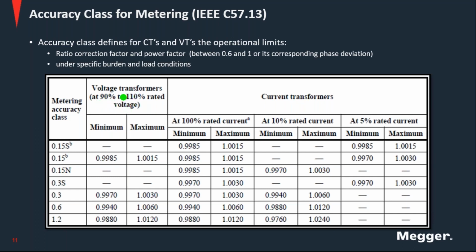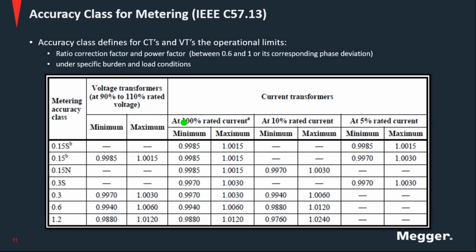These voltage transformers will perform within these limits if the voltage is between 90% and 110% of the rated voltage. We're talking about metering class, so you're not interested in metering if the voltage is below 90%, which would be like a fault condition. The opposite happens on current transformers.